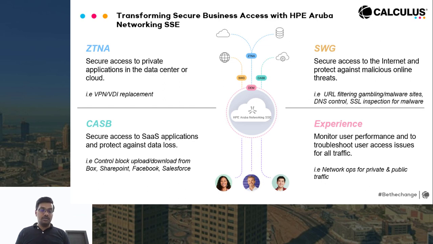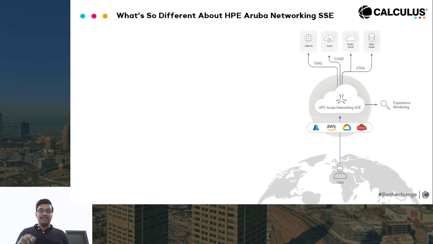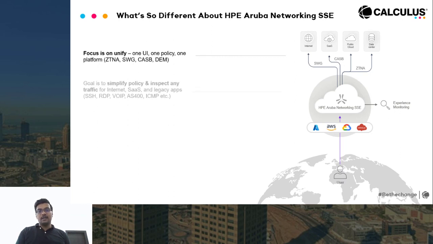The differentiators of Aruba SSE are a unified console for all types of policy and management, reporting, everything, right? All types of applications such as internet bound or the ones backhauling to data centers will be definitely inspected and also continuously inspected.